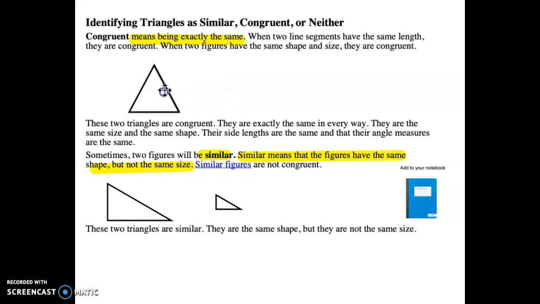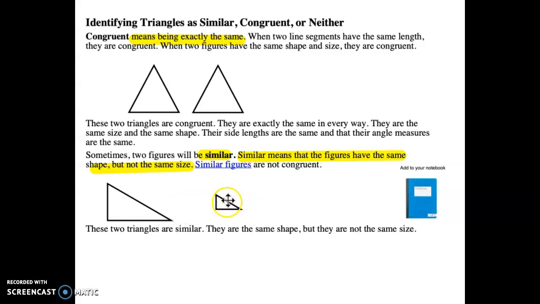So these two triangles are congruent because when I lay one over top of the other, they are exactly the same. They have the same shape, size, and they are then congruent. Now, similar, you can see right away from the look of these are not the same size, so they're not congruent.